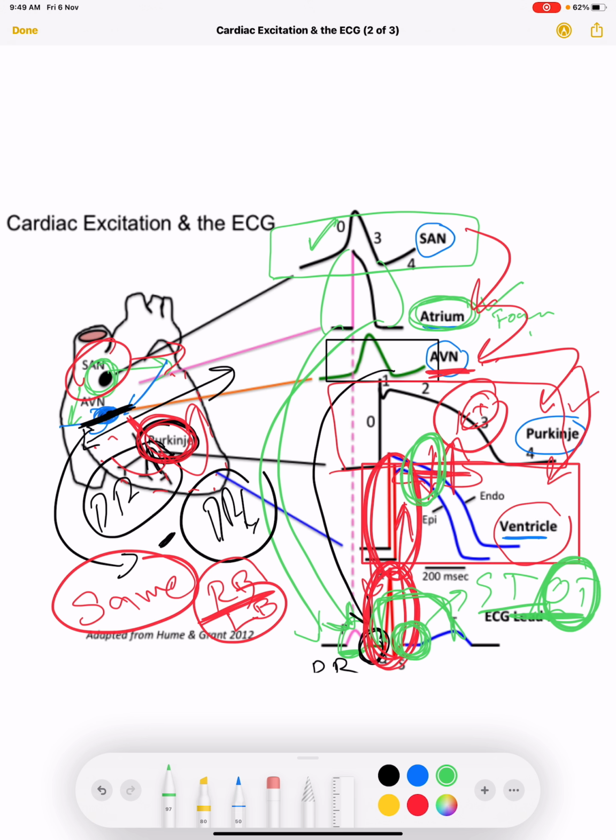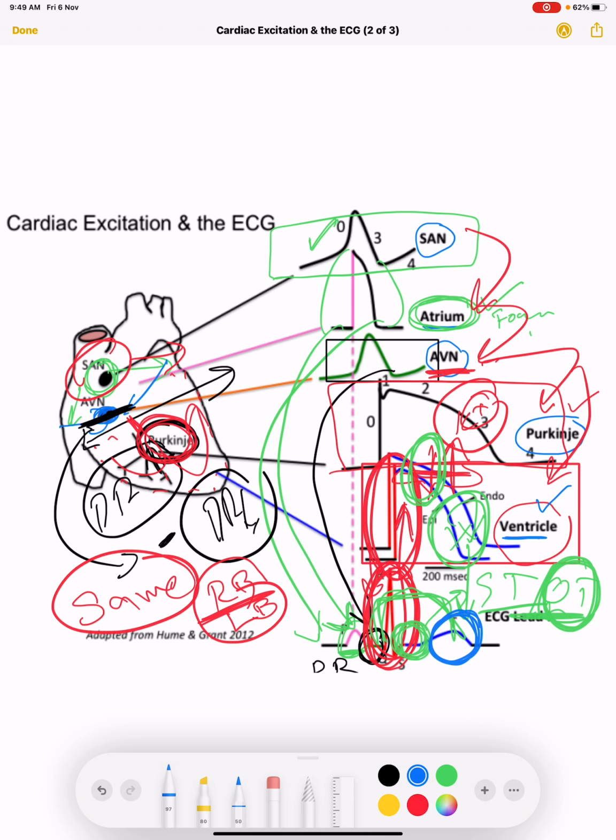And then it will be followed by a repolarization, and this repolarization will be represented in the form of a T wave in our ECG. This is ventricular repolarization, and it will show as a T wave.